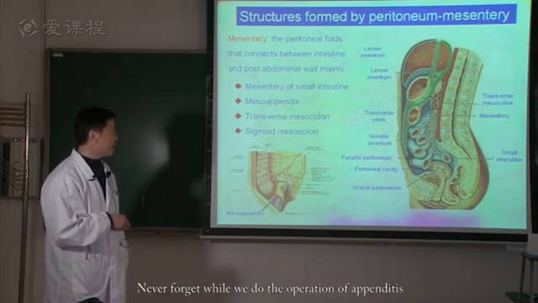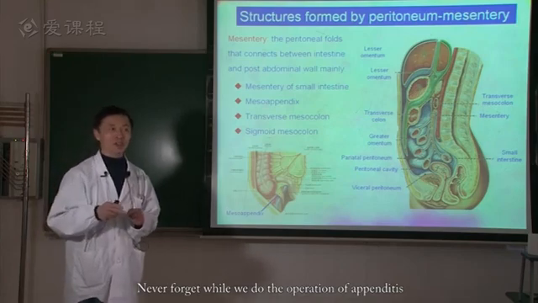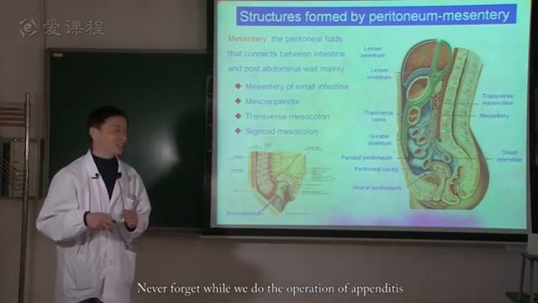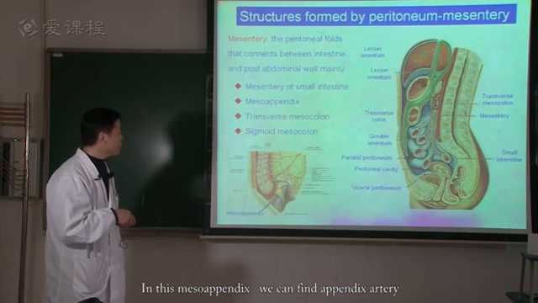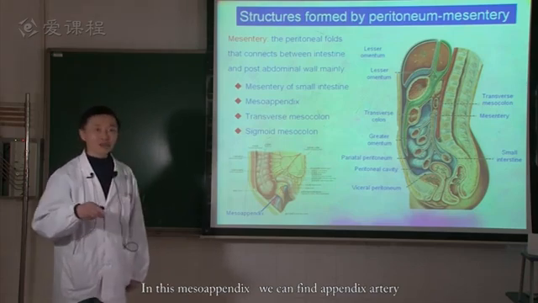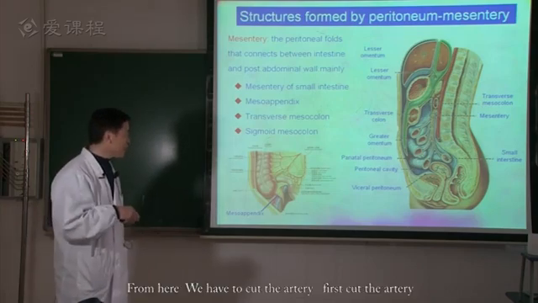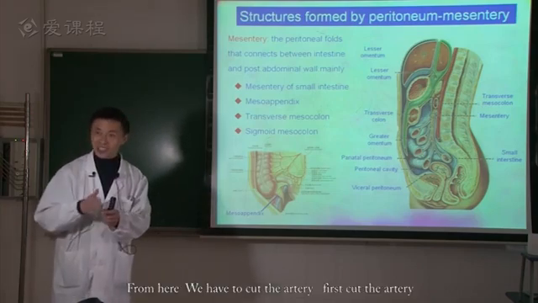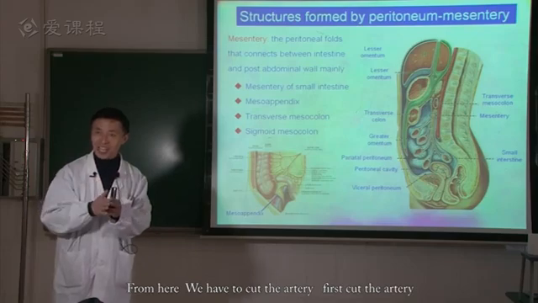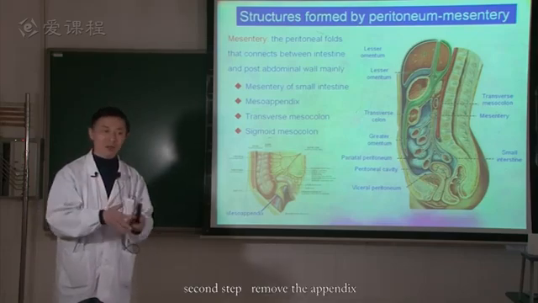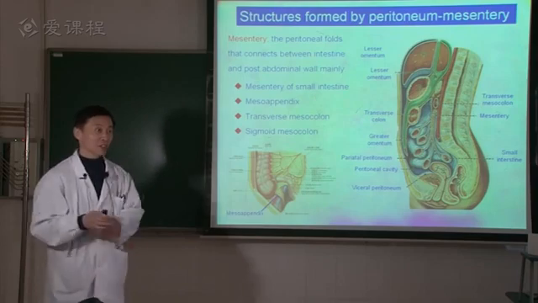Never forget, while we do the operation of appendicitis, in this mesoappendix we can find the artery that supplies the appendix. We have to cut the artery first, and second, we remove the appendix.